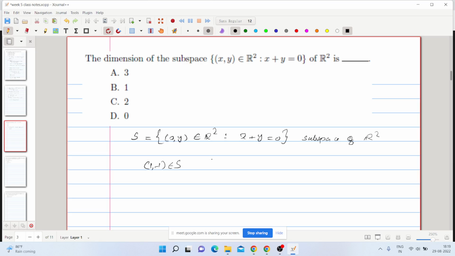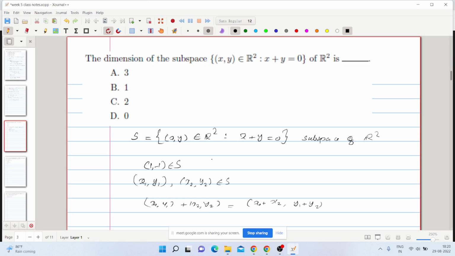So to check the subspace condition, if we are taking two elements in S, (x1, y1) and (x2, y2) in S, we need that (x1, y1) plus (x2, y2) should belong to S. This means coordinate-wise addition, (x1 plus x2, y1 plus y2).